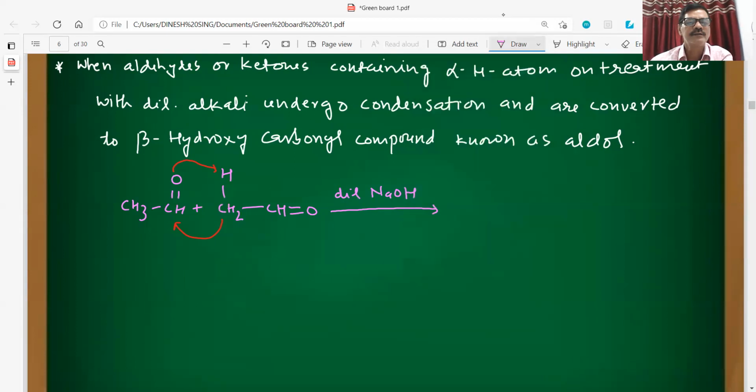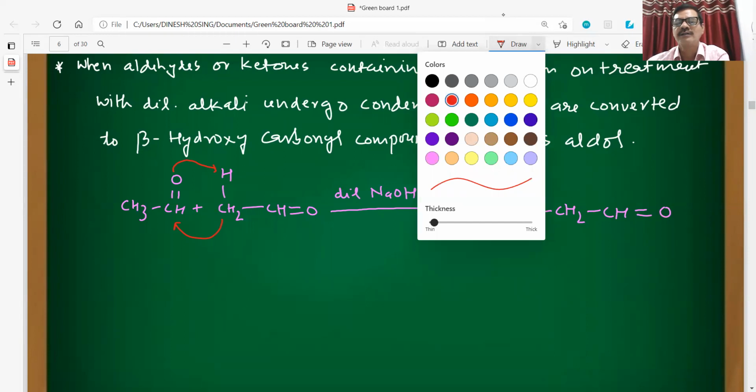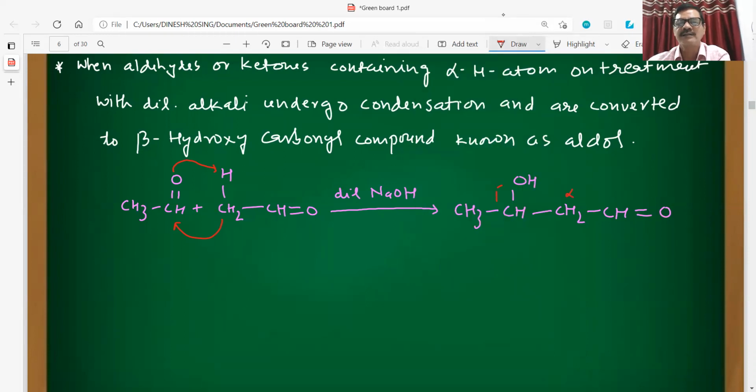This will convert into CH3CHOHCH2CHO. This one is the alpha carbon and this is the beta carbon, so it is a beta hydroxy aldehyde or ketone.